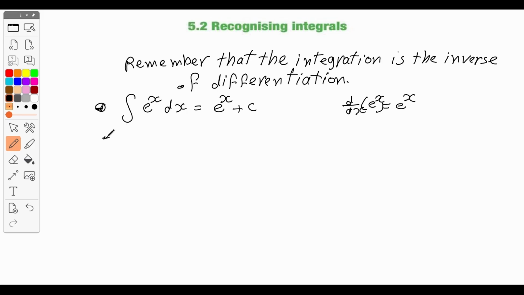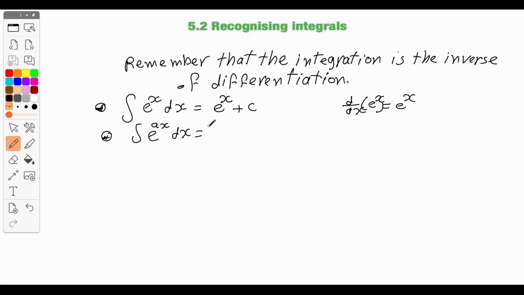Second one, if we have the same function but e to the ax dx, notice the difference: here e to the x, but this one e to the ax.